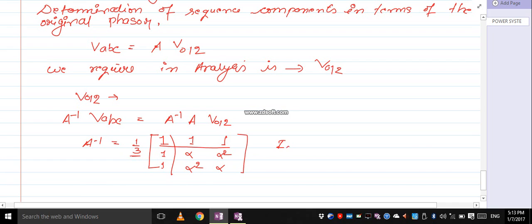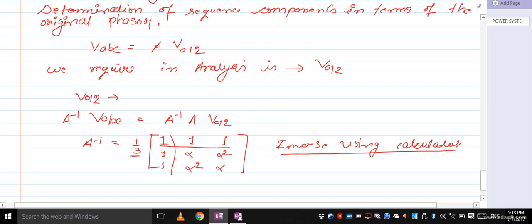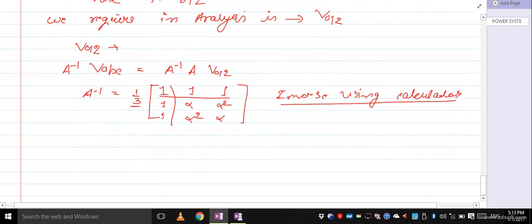So the inverse can be found using a calculator, or you can also solve it manually by taking adjoints and cofactors, but it won't be very difficult to solve. Now alpha is equal to 1 at angle 120 degrees.